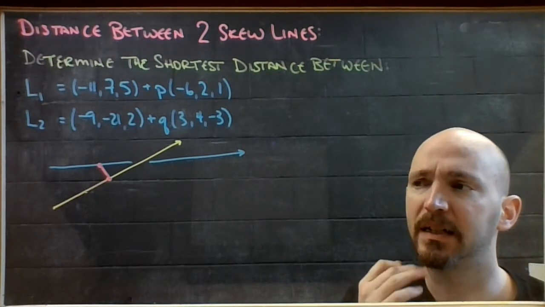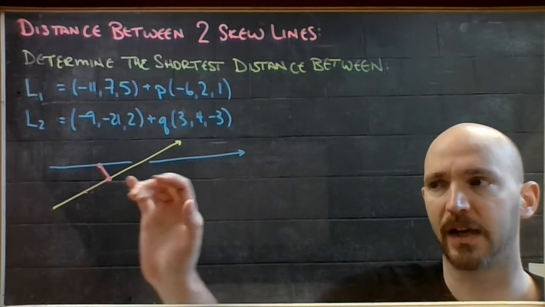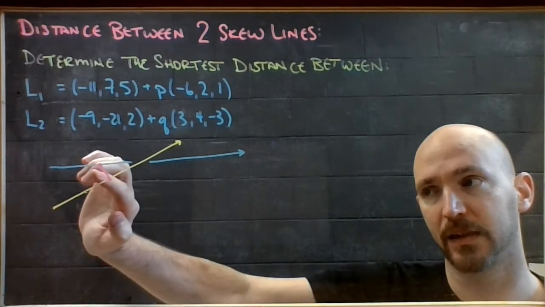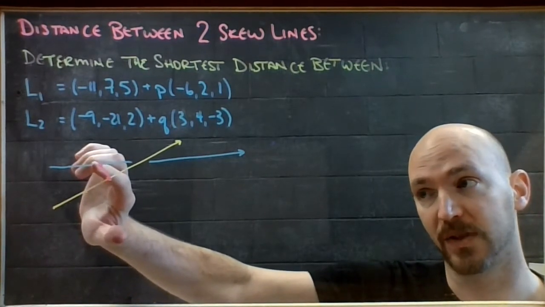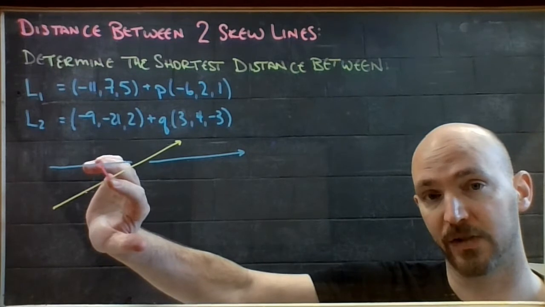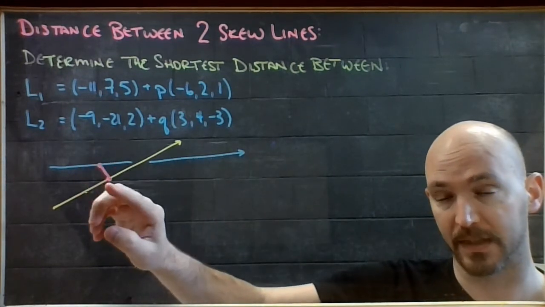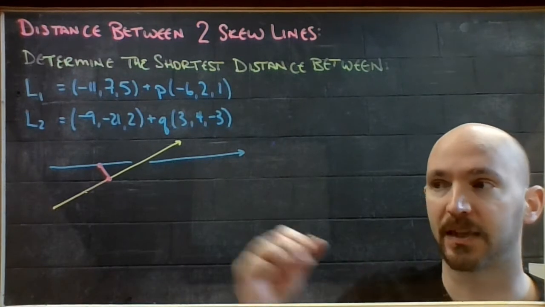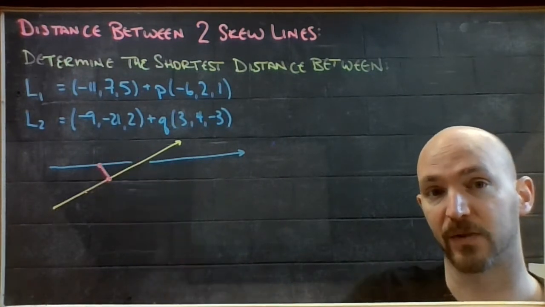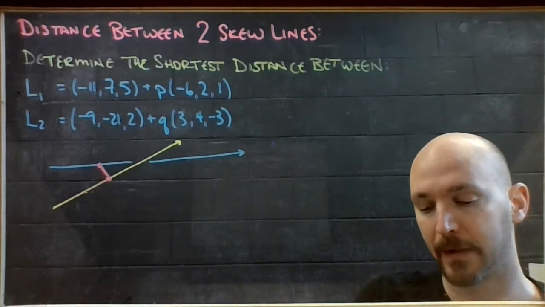So the idea here is I need to find this vector that connects the closest point on each line. I need to identify the coordinates of this point and this point, and then I need to get the magnitude of this vector to find out the separation.